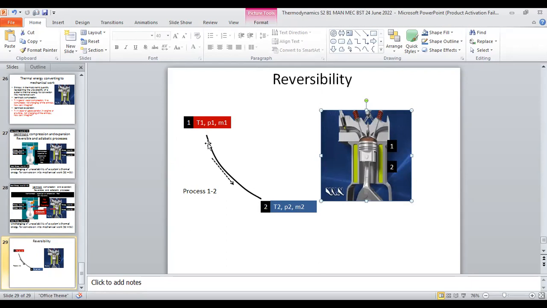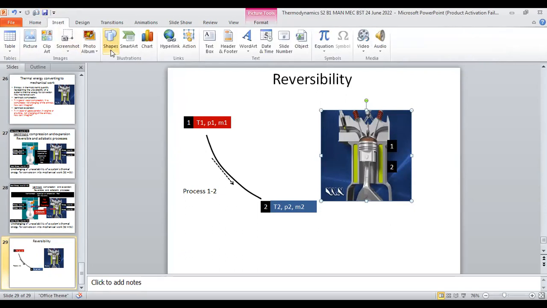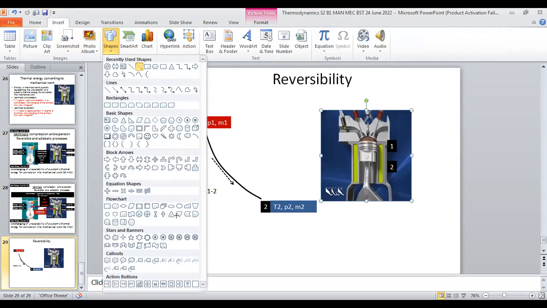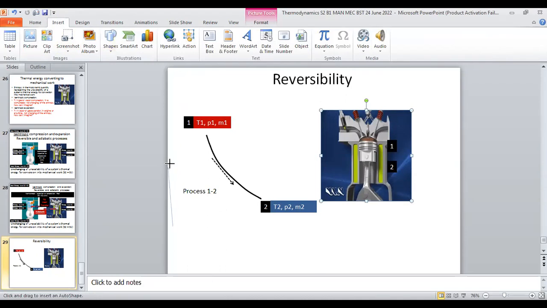So this is just an indication on the axes here. You can have, for the axes, maybe pressure.